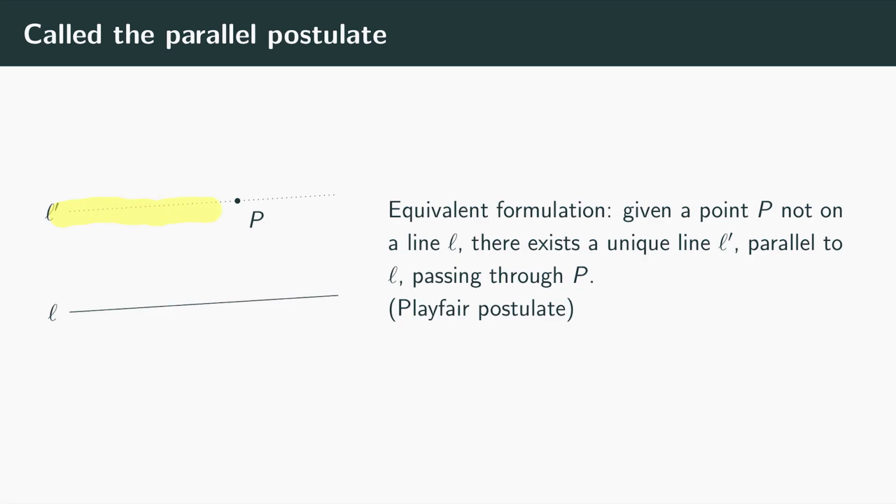This line right here is the one that's guaranteed to pass through P, and that's parallel to the first one. There are two things in this formulation: there exists, and there's unique. So there exists a unique line L prime passing through P.